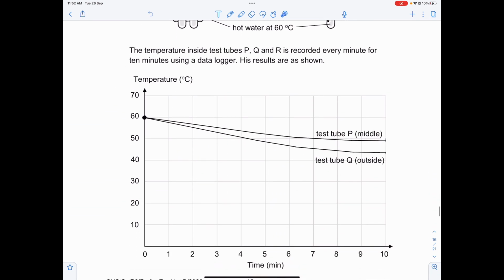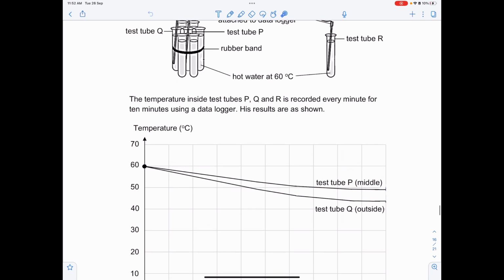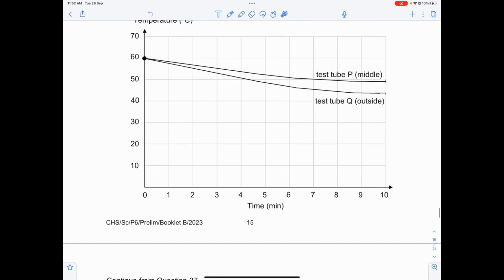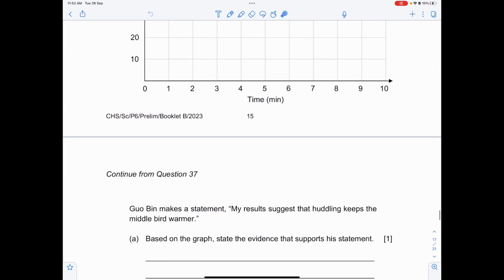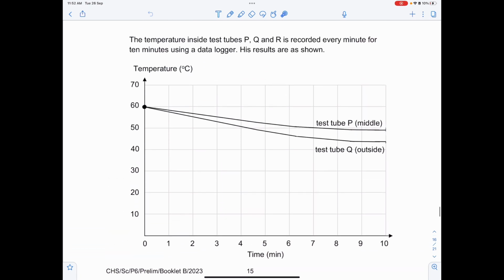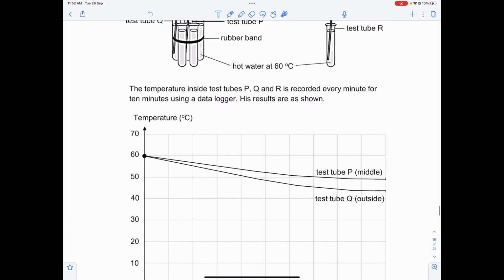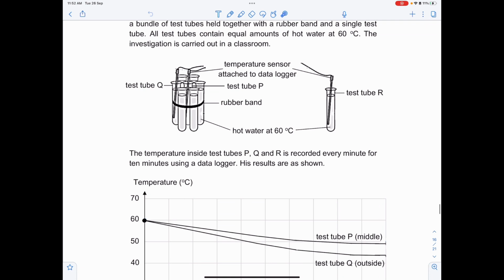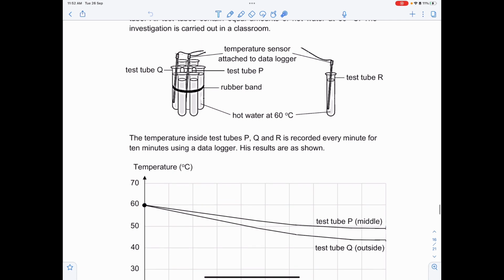Okay? So when you take a look at it, right? Okay, I want you to see what is the evidence over here from the graph. So you see Q is actually on the outside over here, and P is in the middle.